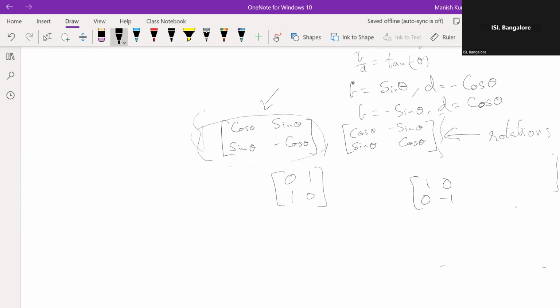So both are reflections, but this is reflection along the x-axis, so it will send x comma y to x comma minus y. And the other is a reflection along the y-axis. If you multiply these two, you'll certainly get this. So there is no issue with it. You should be able to obtain it by these two as well, but maybe you'll have to do a little more work. So maybe you can try this.